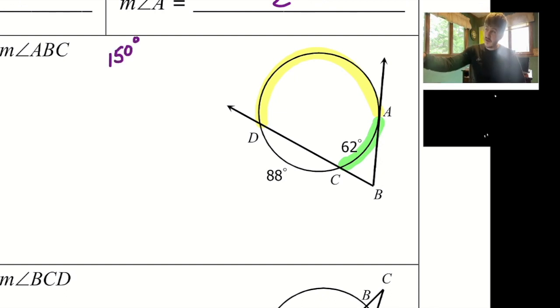The rest of the circle is just the yellow arc. So we can just subtract that from 360 degrees, which we get 210. That's the value of the yellow arc.